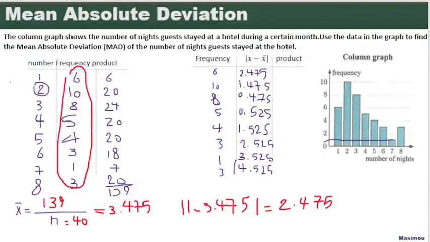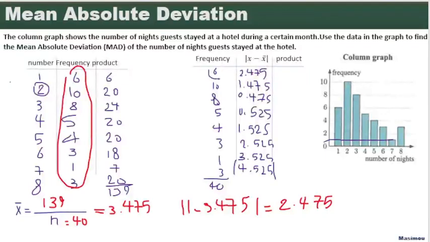I know the total of frequency is 40. Now, to find the mean of this absolute deviation, I consider how many times I had the data whose distance from the mean is 2.475.